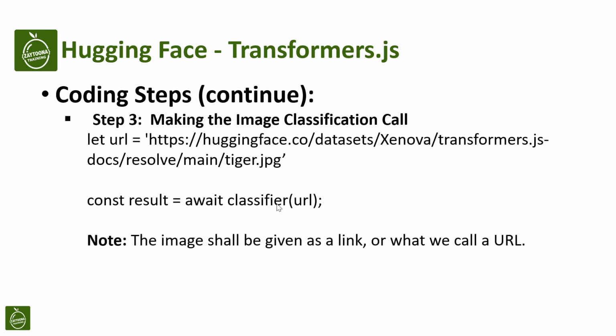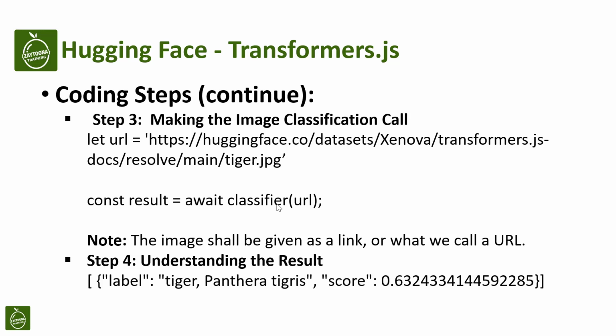Then we show our program a picture of a tiger by giving it the picture's link. The program will then peek at the picture and guess what it is. The program comes back saying it thinks it's a tiger, plus it is 63% sure of its answer. So we know the picture's name and how confident our tool is about that name.